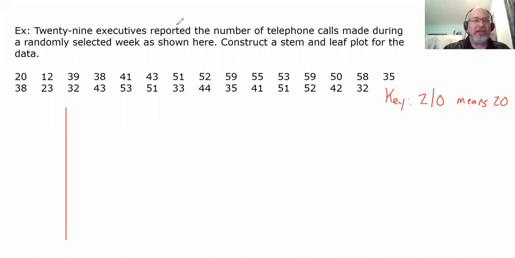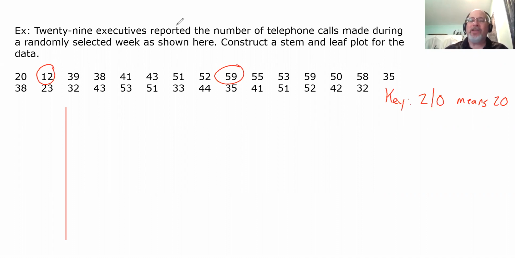Scanning across here, it looks like the lowest value is 12. And I see a 39, I see a 40, I see a 50 something. Are there any 60s in here? I don't see any 60s. 59 is the highest number, but in general, the 50s are the highest that this gets. So this goes from the 10s all the way through the 50s.